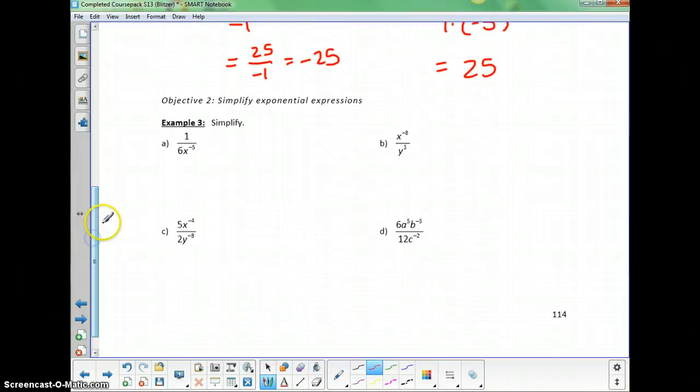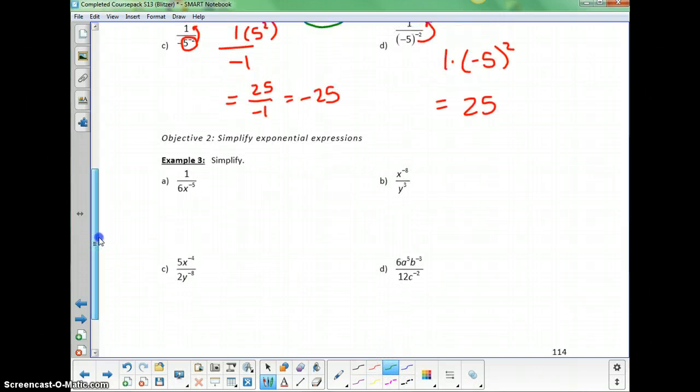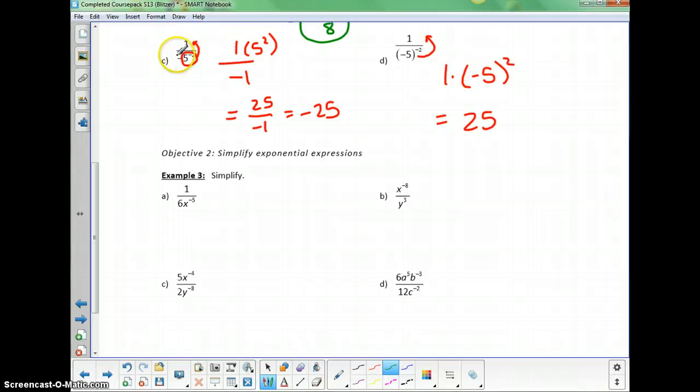Okay. So let's look at these examples. Just like in the case of the negative 5x squared, where the negative doesn't move, in this example here, the 6 is not part of the thing that has the exponent. So the 6 will not move.